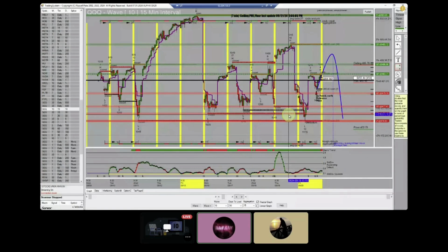Then the next thing we're going to talk about: when these dots start to consolidate or flatten out, either we're going to see consolidation or we're going to see the market reverse. Makes sense?